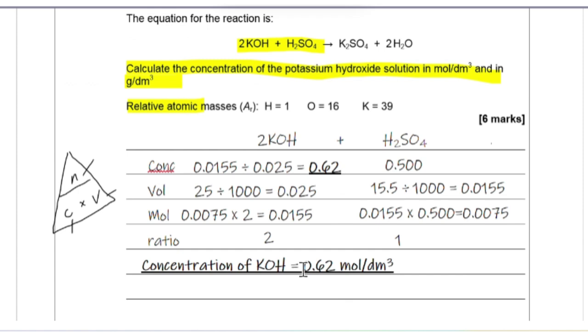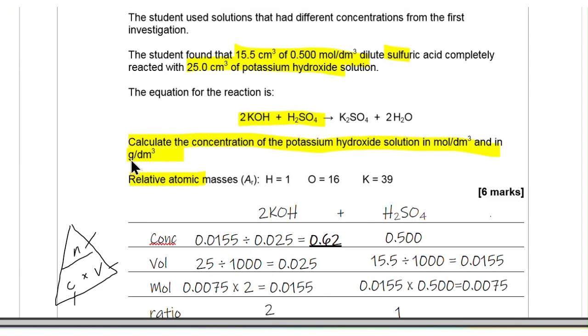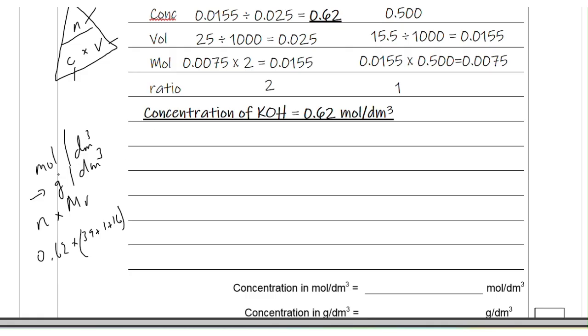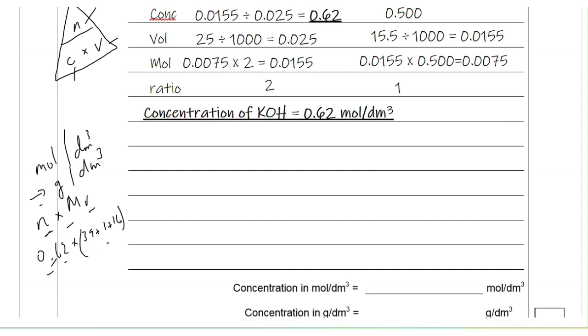Now, for the second part, we have to convert moles per decimetre cubed to grams per decimetre cubed. And simply to do that, we just multiply the number of moles by the MR, the molecular mass. So that's 0.62 times 39 plus 1 plus 16. That comes to 56.